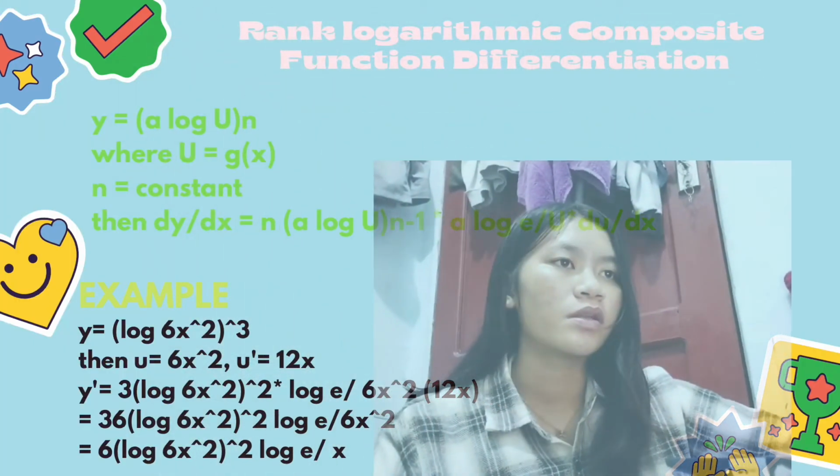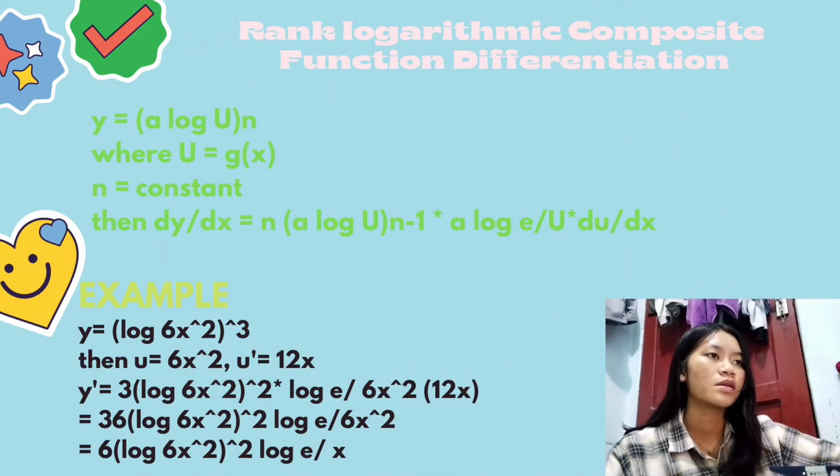Differentiation of logarithmic composite function with power. Y equals (a log u) to the power n, where u equals g(x) and n is a constant. Then dy per dx equals n times (a log u) to the power n minus 1, times a log e per u, times du per dx.